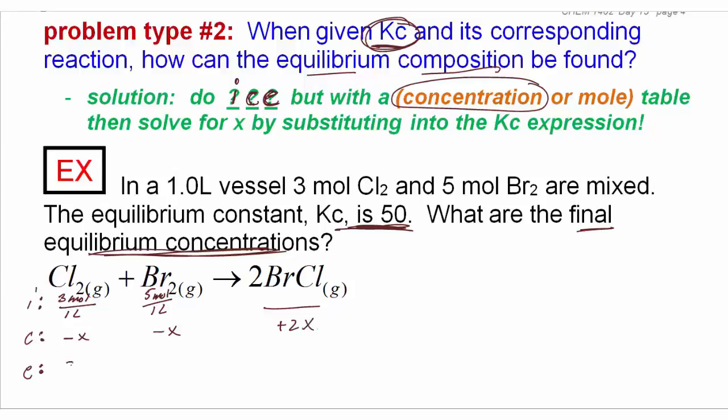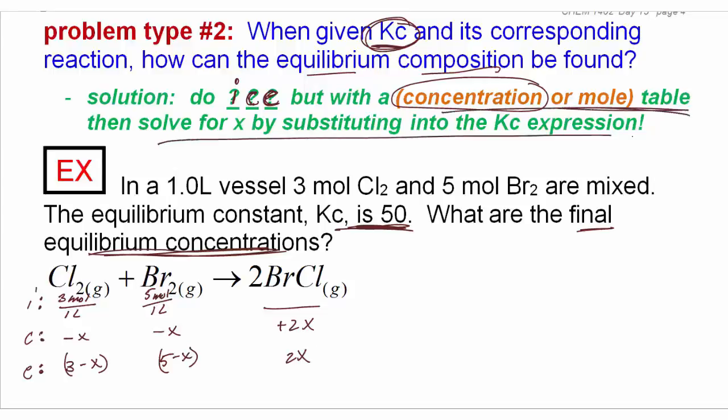So we'll have 3 minus x for chlorine, 5 minus x for bromine, and just 2x for the bromine chloride. Okay? KC is 50. So we made our concentration table. Now let's solve for x by substituting in the KC expression.